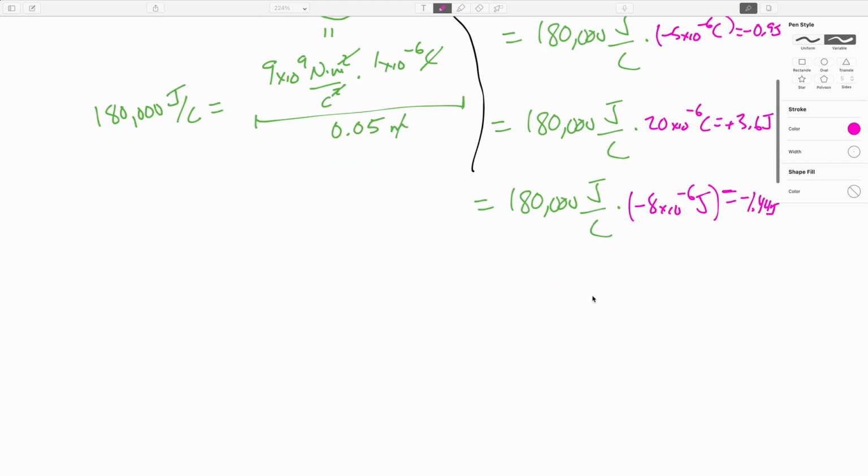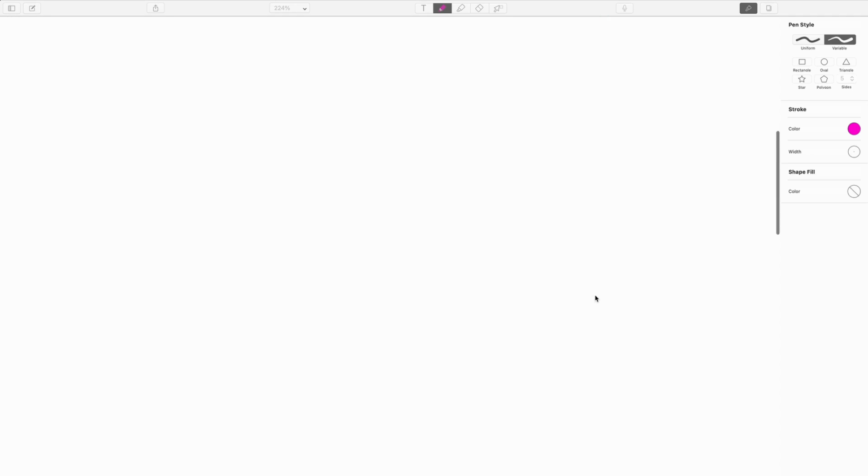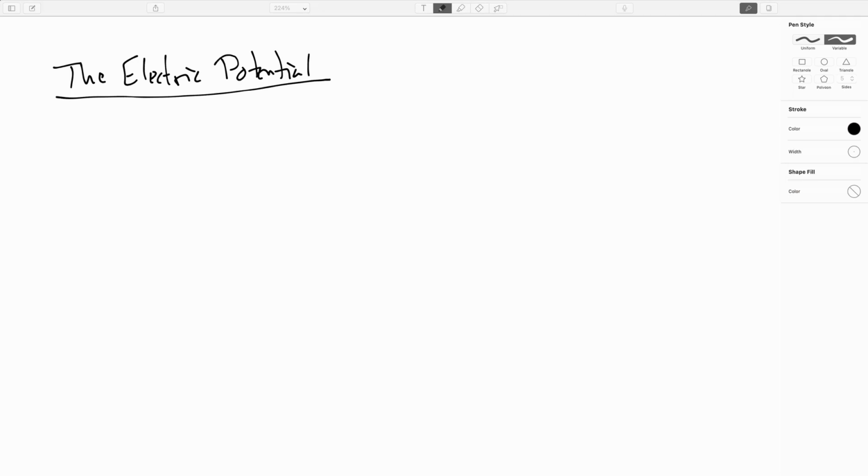So let's go ahead and do a more formal definition of the electric potential. You'll notice I'm being very careful to talk about the electric potential as opposed to the electric potential energy. These are related concepts, but they are different physical concepts.